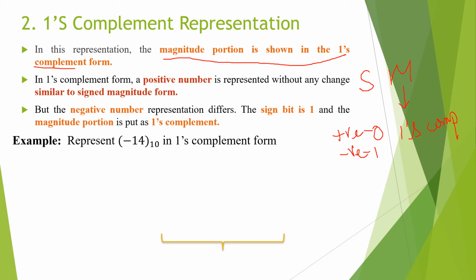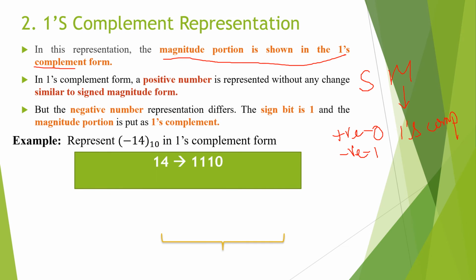I'll give one example. Represent minus 14 in ones complement form. First we calculate the binary value of 14. Already we have calculated that it is 1110. This 1110 is called the magnitude part.